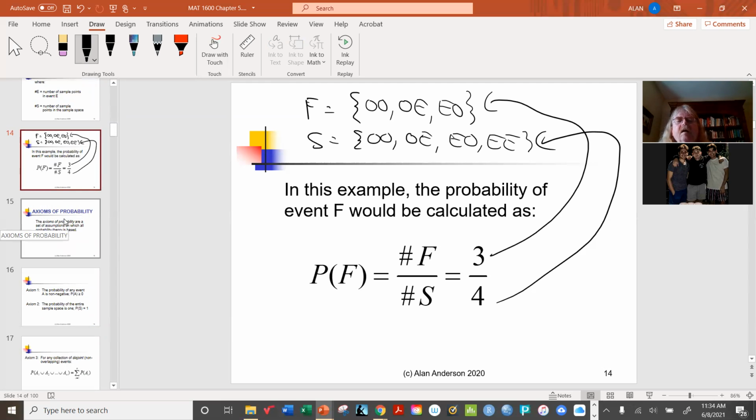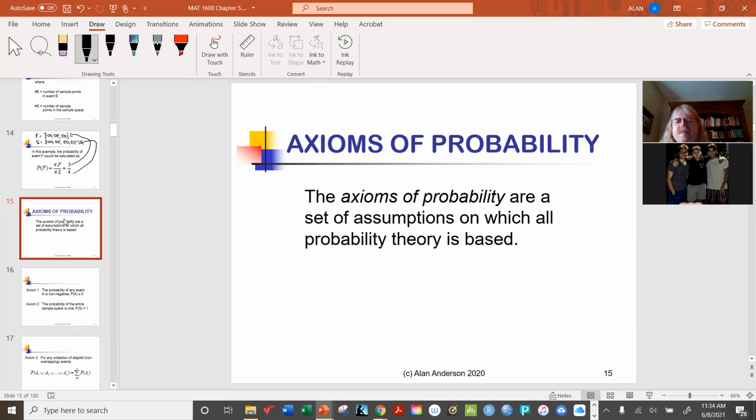Now, before we go any further, we're going to introduce some very important results. These are the so-called axioms of probability. Now, an axiom is basically an assumption on which a system of logic is based. In other words, these are statements that are accepted without proof. We assume that these are true. You've seen some of these probably in high school geometry.